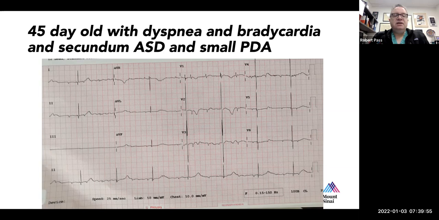The impact of dual chamber pacing in terms of cardiac output in an otherwise healthy infant is probably only going to be a 5 to 10% increase in cardiac output. As opposed to, say, a sick post-op patient or a sick congenital patient in which AV synchrony can have a very meaningful impact on cardiac output. But if you have a patient who's otherwise well, has very mild congenital heart disease with a secundum ASD, and a PDA that may even close on its own, my general bias would be to put in a single chamber, but I would certainly never say a dual chamber is wrong.